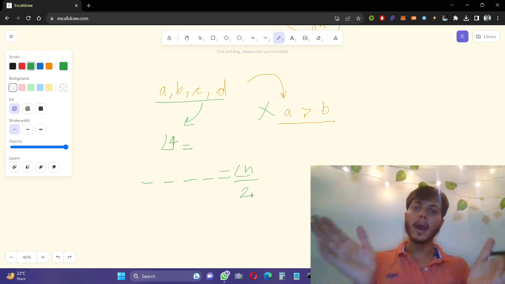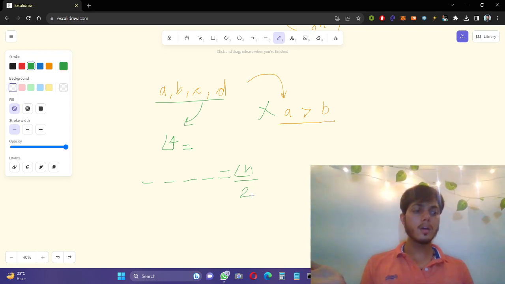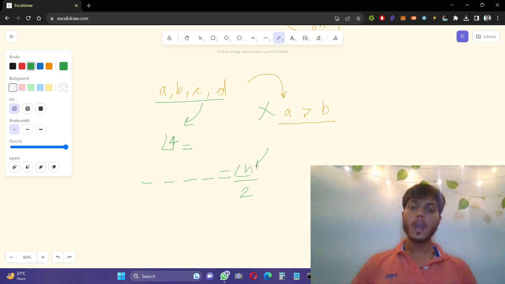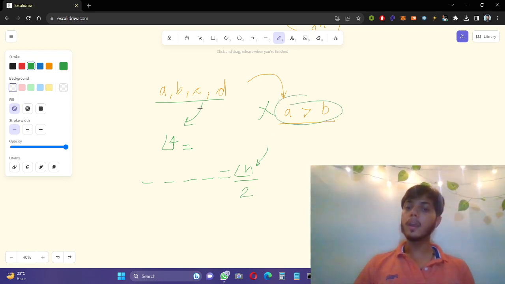If this is the first time you're encountering it, this is one of the concepts which has to be at your fingertips: if there are n objects, or like there are four objects, and you need to count all the possible permutations, then it is 4 factorial, or n factorial, divided by 2 for each constraint. Suppose we have just one constraint like this, so it's divided by 2.